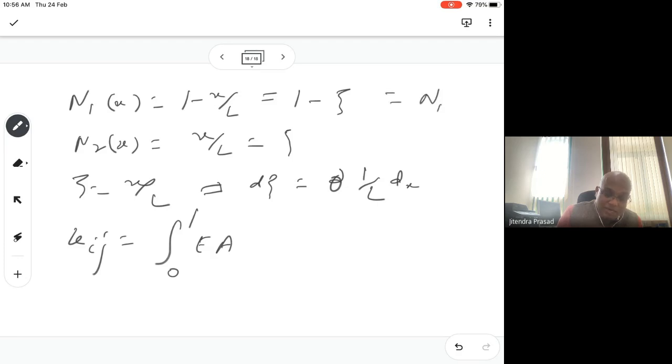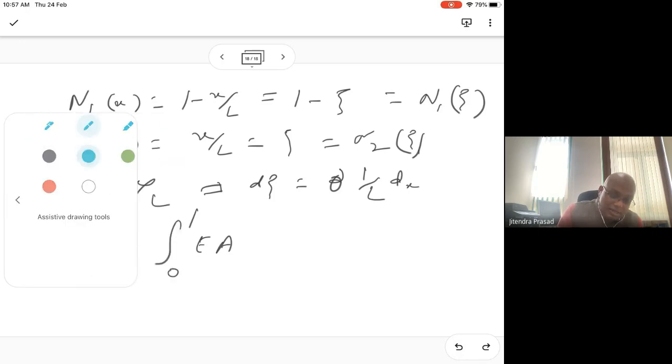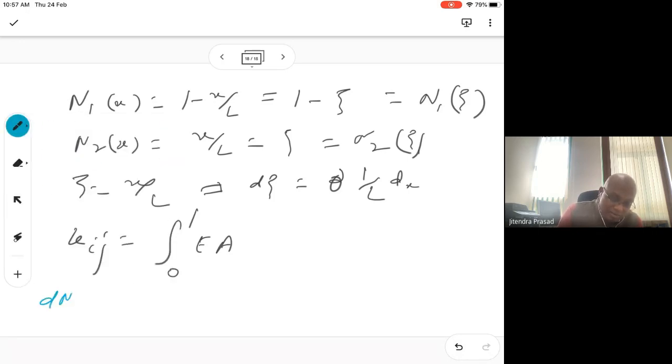So this becomes N1 in terms of xi, this is N2 in terms of xi, right? EA, and then we have dN. Okay, first let us convert that. So if N1, dN1 over dx is equal to what?